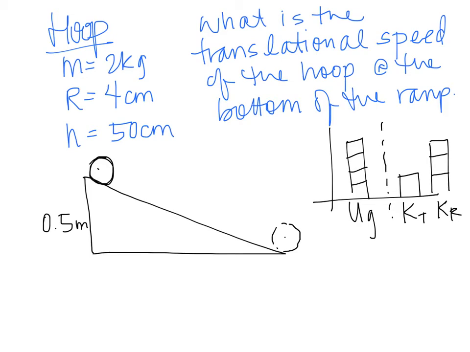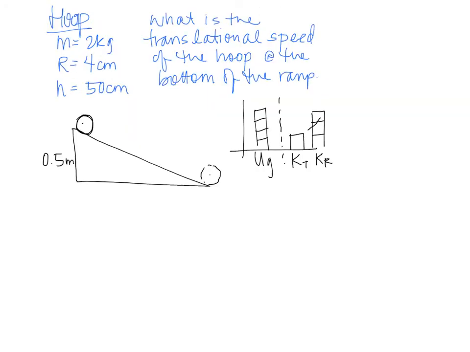This helps you write your equation. All right, so let's do that. So let's start with our gravitational potential energy is equal to our translational kinetic energy and our rotational kinetic energy.